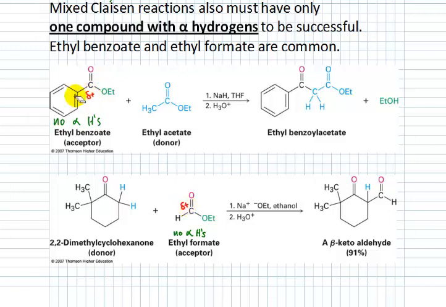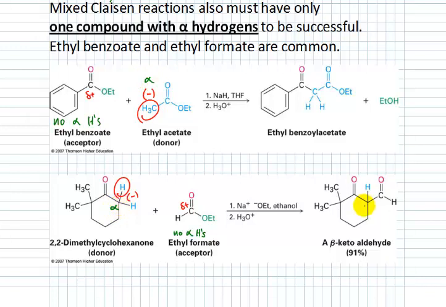So you have this compound in a container along with the base, then you slowly add the compound with alpha hydrogens. So the ones with the alpha hydrogens end up being the nucleophile right there. Let's just write alpha.